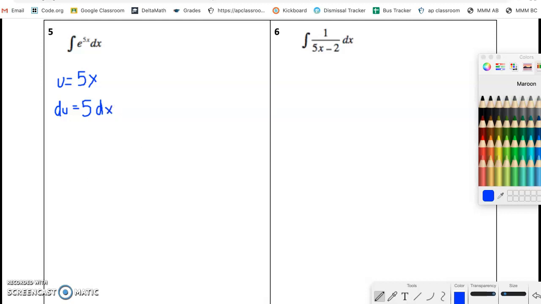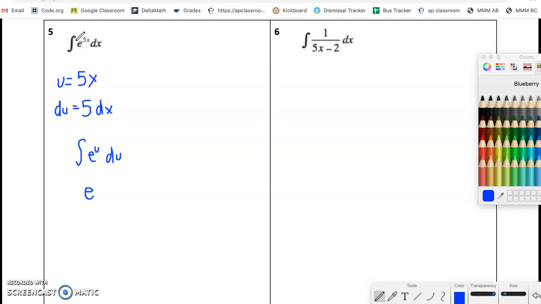So now I'm just substituting those in, because remember, du is the derivative of u. And I'll have the integral of e to the u du, and then the integral of e is always just itself. So integral of e is just going to be e to the u. Sorry guys, I did that wrong.